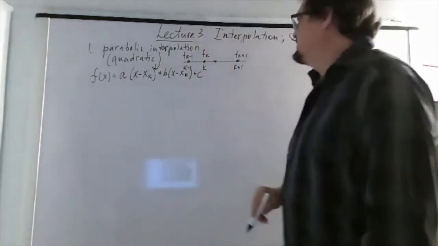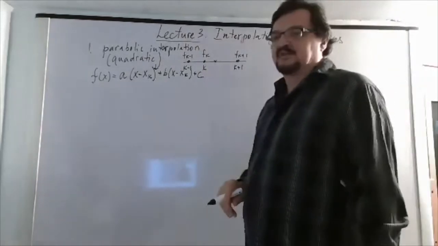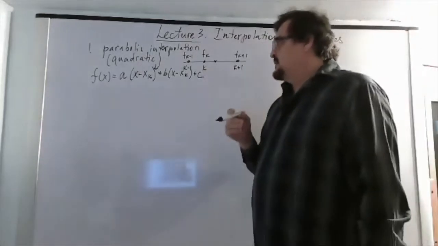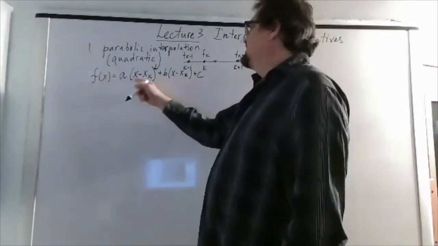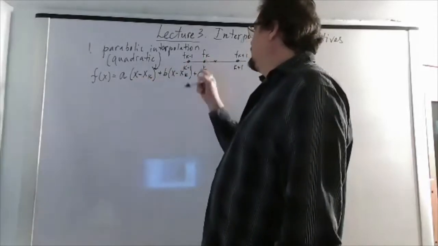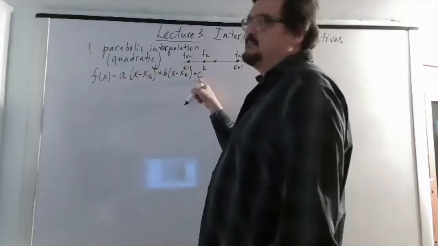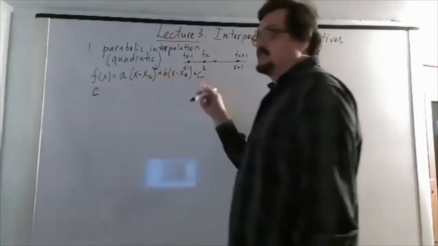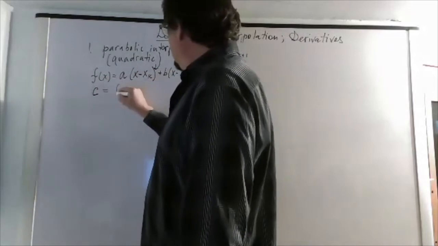This is the general form of a polynomial of second order, or parabola. Immediately, if x equals x k, we have value f equal to f k, so our c is immediately known. That's why it's convenient to write in this form. c equals f k.